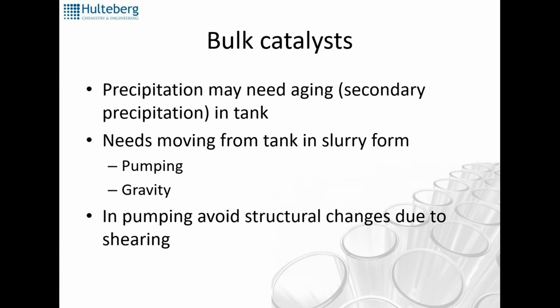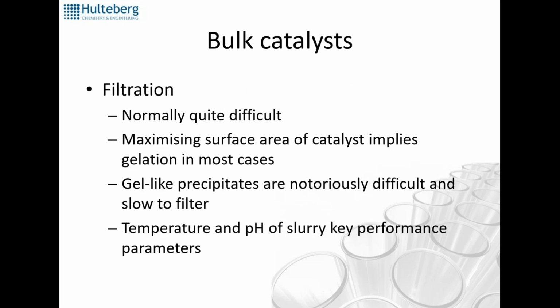Then the next step in this production chain would be some kind of filtration, so separating the catalyst from the liquor, or whatever you want to call it, the residual water that is left after the preparation.